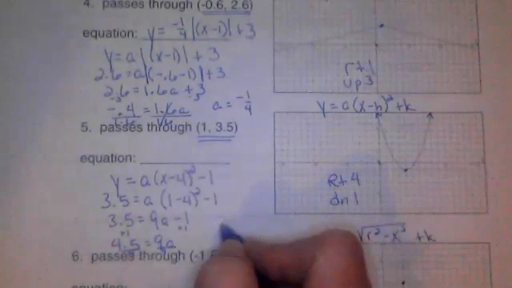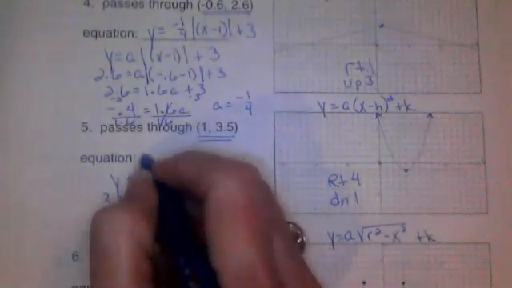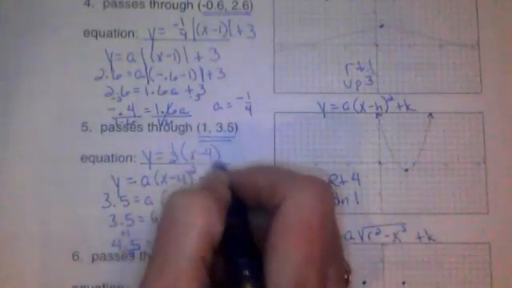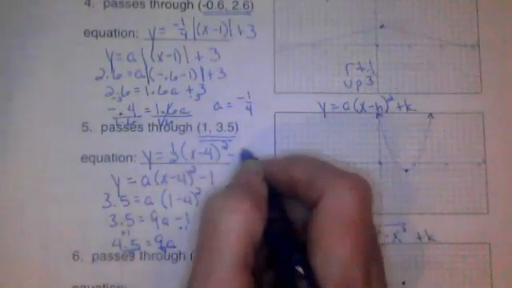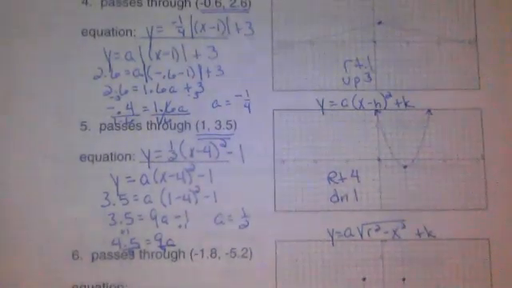Divide both sides by 9. So a equals 4.5 divided by 9 is just 1/2 or 0.5. So we have y equals 1/2 times x minus 4 squared minus 1. Last one.